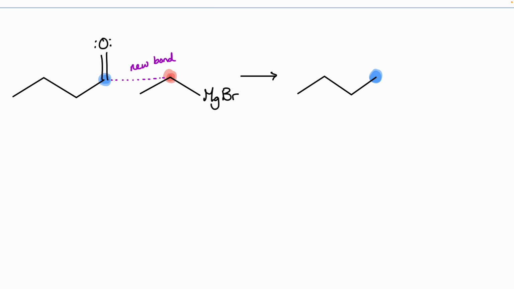And now we're going to create this new carbon-carbon bond. So here's my new bond that I drew. Then what carbon lives on the other side of that new bond? It has to be that red carbon from my Grignard, because again, we get a new bond between the red carbon in our Grignard, the one that's bound to our magnesium, and our carbonyl carbon.